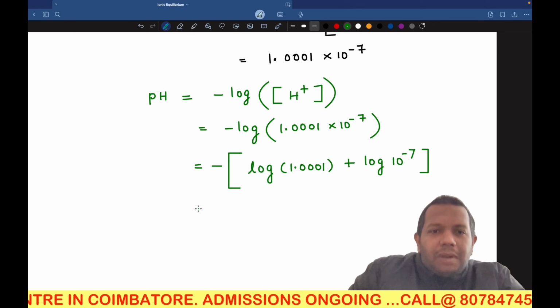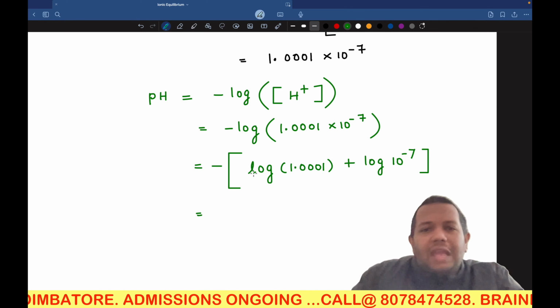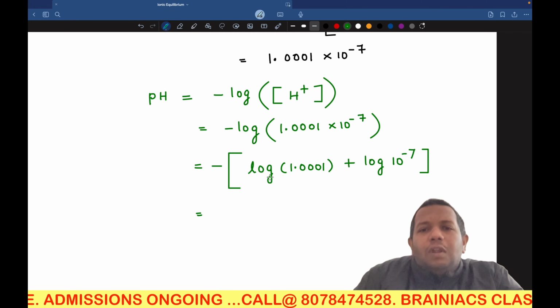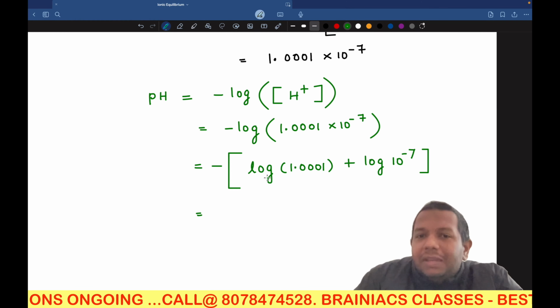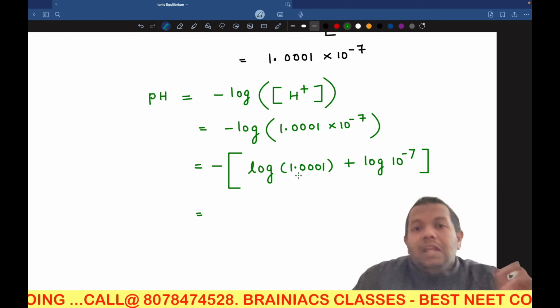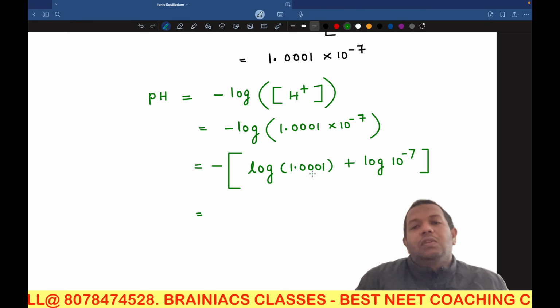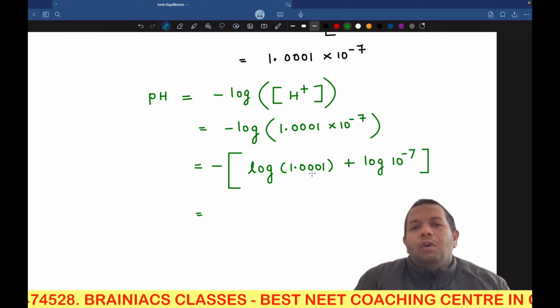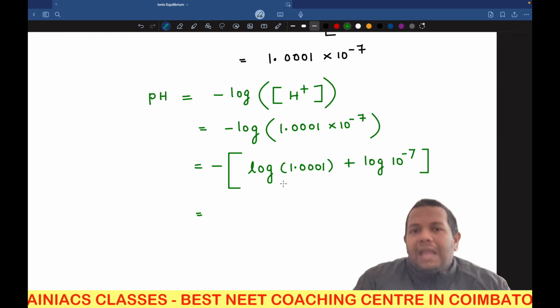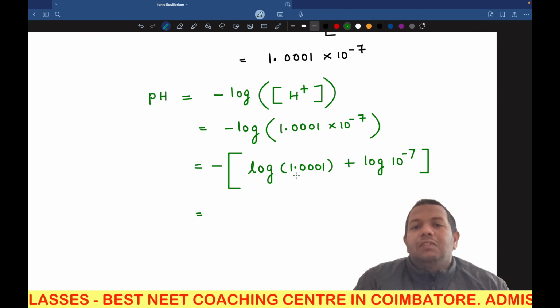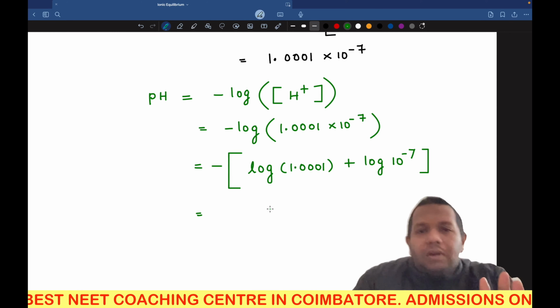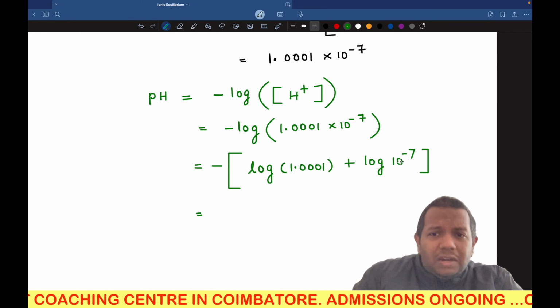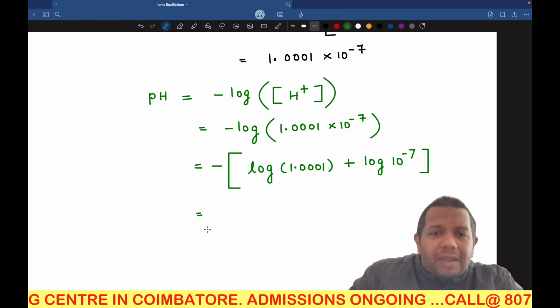Now you can take the minus inside or you can do a calculation here actually. So log 1 is fundamentally 0, but it is not log 1, it is log 1.0001. Okay, so log 1 is exactly 0 and we can say here it is log 1.0001. Okay, so we'll take the other one and we can say log 10 power minus 7.